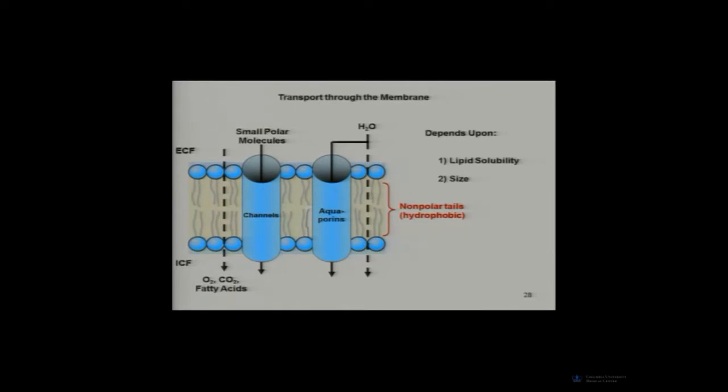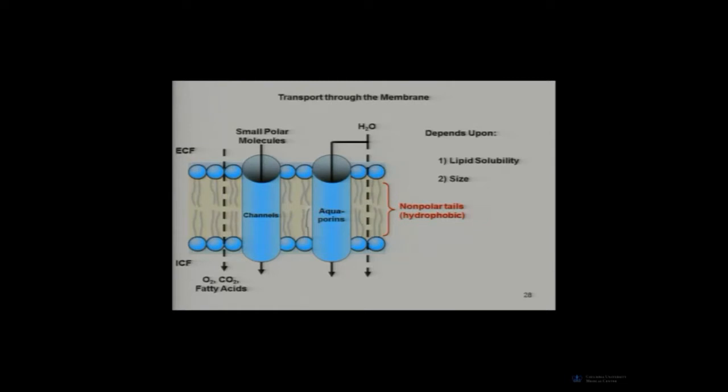Passive channels that allow other charged particles to get in and out. But the density of these passive channels really depends on the cell type you're talking about. Okay? Big variety depending on what cell type you're talking about.